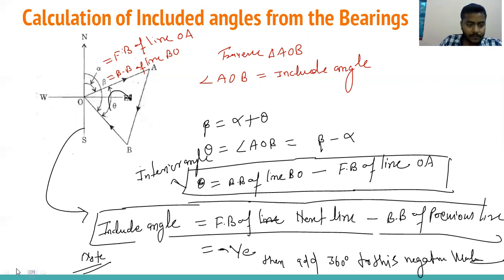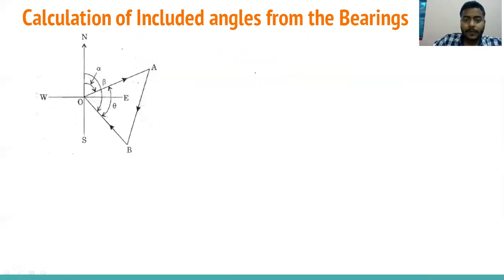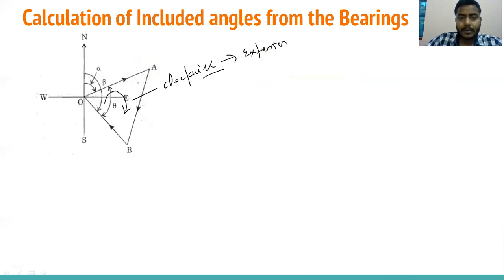Now you can see in this figure. First thing, in this case, the traverse direction is clockwise. Clockwise means we will get the included angle, what type of angle? Exterior angle.